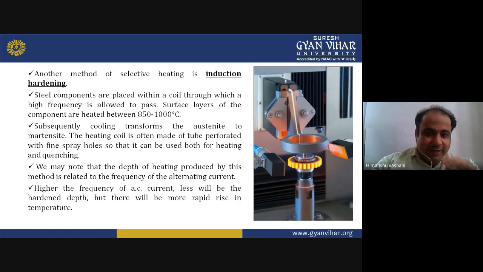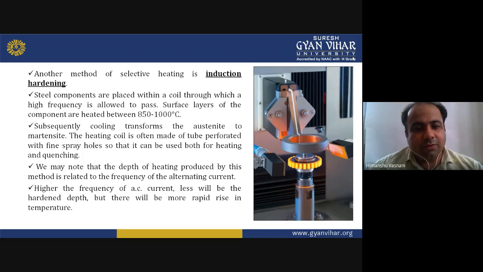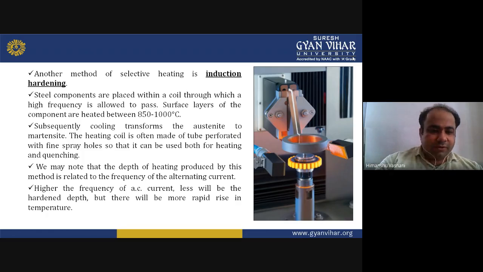The depth of heating produced by this method is related to the frequency of the alternating current. It has its importance in deciding how much the depth of heating will be. The higher the frequency of the AC current, the less will be the hardened depth, but there will be a more rapid rise in temperature.